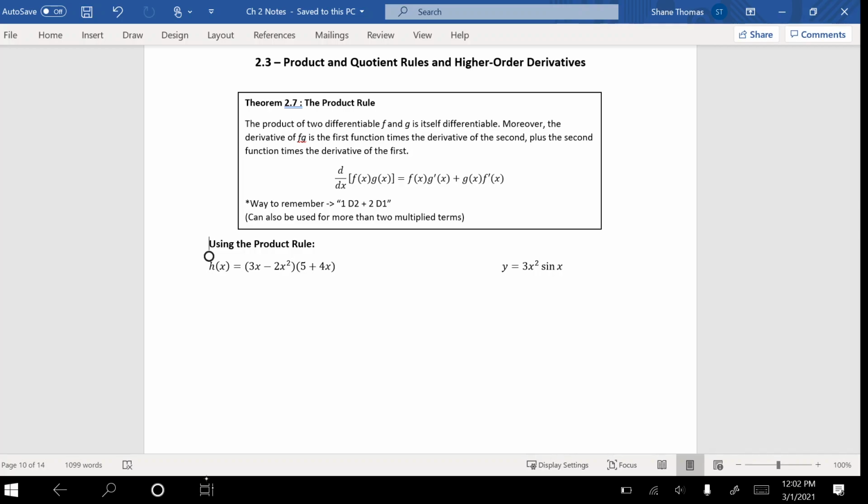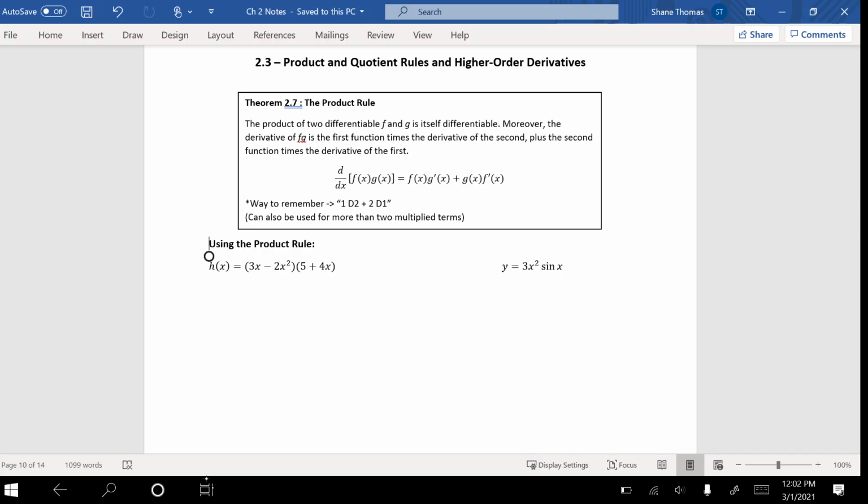Product rule says the product of two differentiable functions f and g is itself differentiable. Moreover, the derivative of fg is the first function times the derivative of the second, plus the second function times the derivative of the first. If you look at that, f of x times g prime of x plus g of x times f prime of x, it looks really confusing.